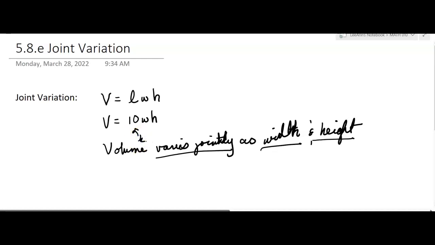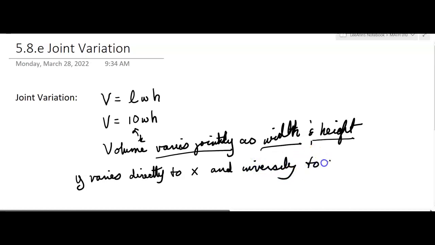Now you could say, whoa, what if I didn't know the length? Yeah, you could say the volume varies jointly as length, width, and height. So you're going to be multiplying those together. Now in the example I was talking about, we said something like, oh, y varies directly to x and inversely to z, something like that.